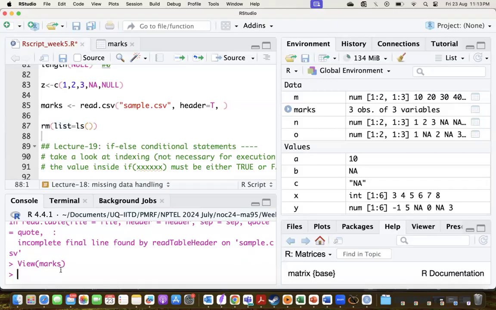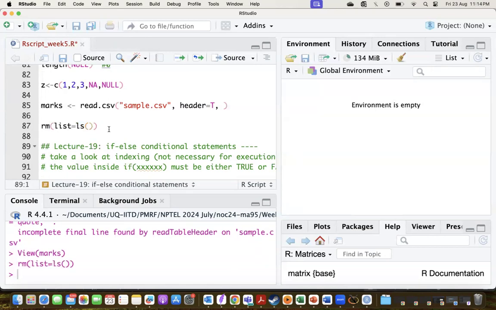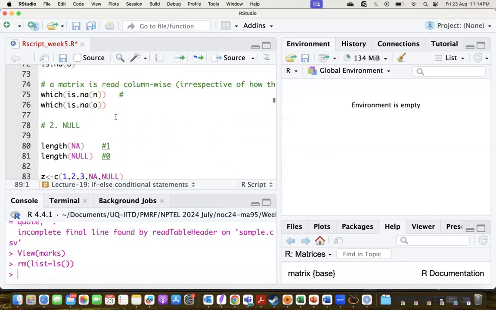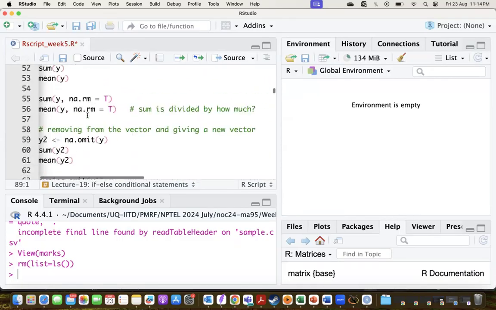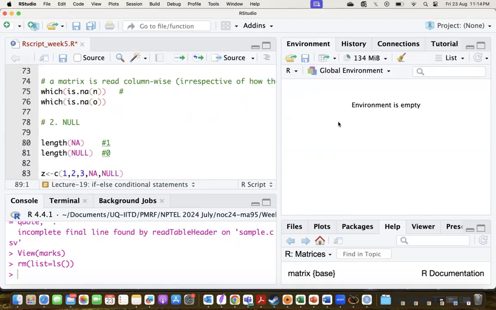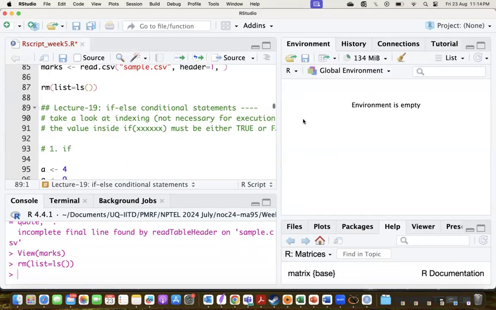If you remember, the ls function is actually list. So list is listing all the variables. Basically, again, it's a nested function. I'm inputting all the variables into rm, so it's just going to remove everything. If I run this, everything gets removed. Again, you already have this script, so you can rerun it anytime, but it's no longer in the global environment, so it's just easier to handle.